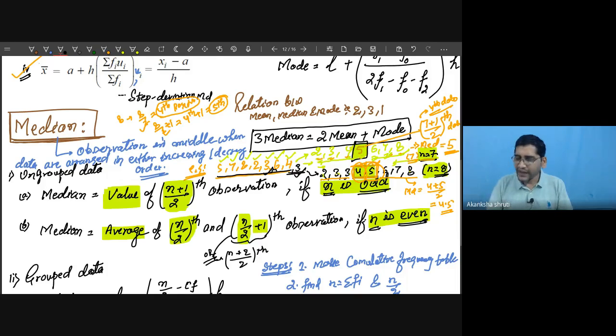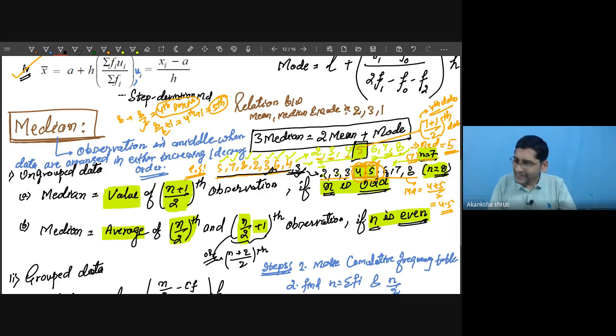Or n by 2, then n plus 2 whole by 2. Like n is 8, 8 by 2 is fourth, then 8 plus 2 becomes 10 by 2, that will be the fifth one. Getting it, student? So this plus 1 is not in the numerator, rather it is added as a whole.